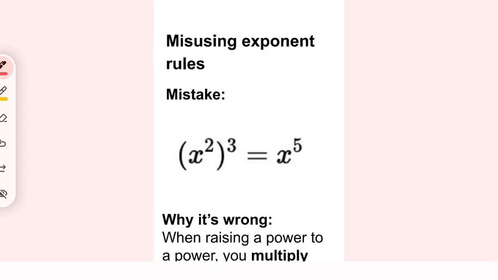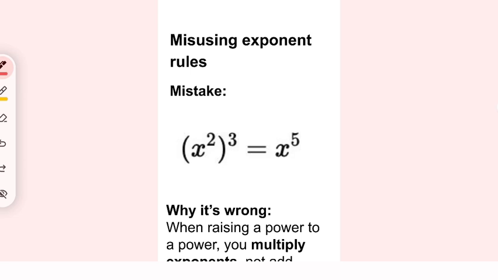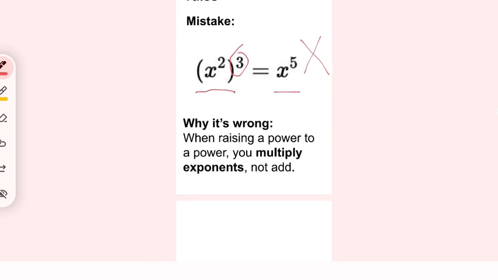Okay, here's another math mistake. It's misusing the exponent rules. For example, we have x squared inside a parenthesis, and then you raise it to the power of 3. And the answer is x to the 5, which is actually a mistake. Why is it wrong?